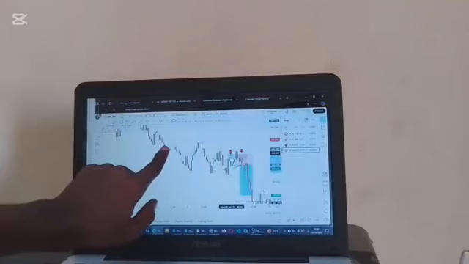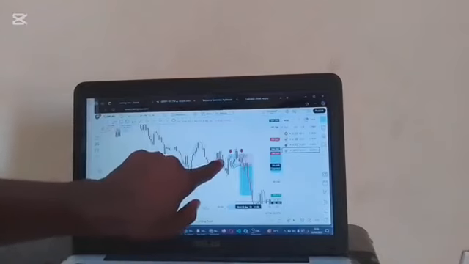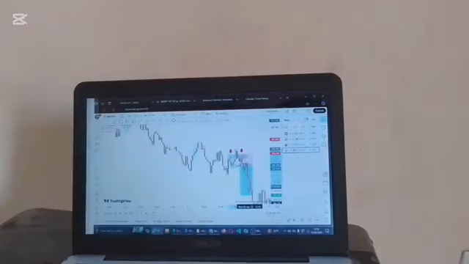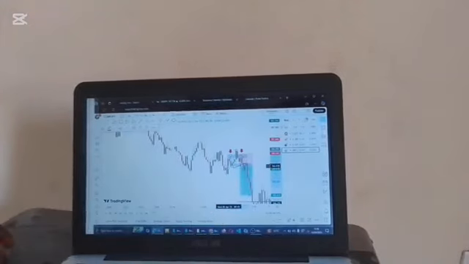The market came to this resistance zone, came up, then gave us this pattern here. Can you see that? It activated us and went straight to our take profit. So this was my second win for the week, and it was a good one.